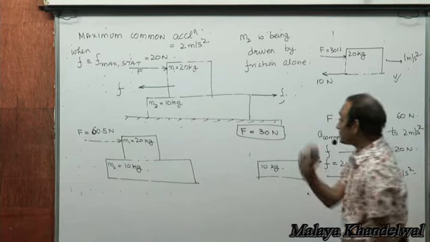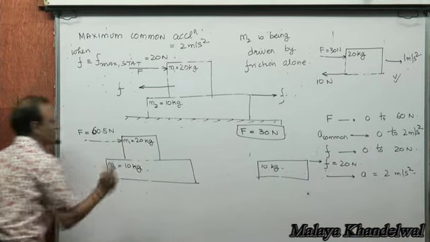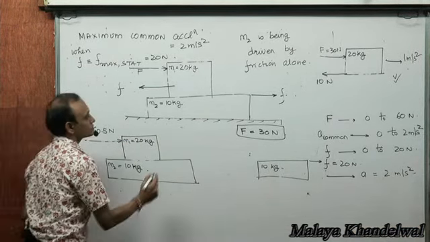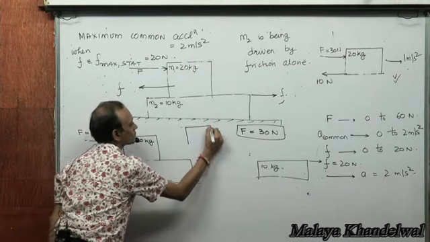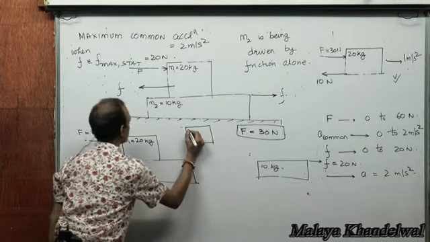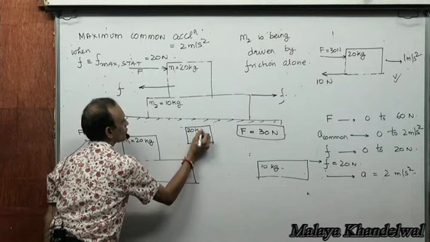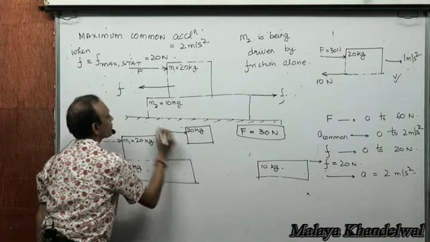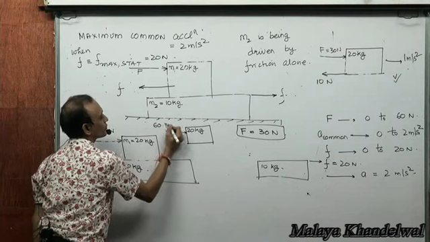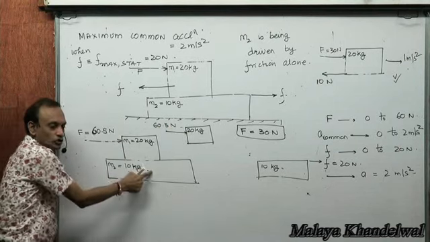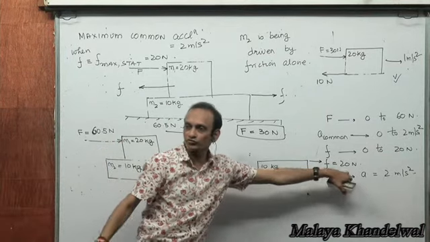Right? But if you look at the upper block, which is the 20 kg block, there is 60.5 newtons. And it applies on the lower block a 20 newton force like this.